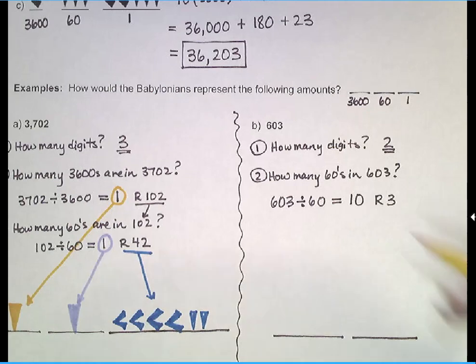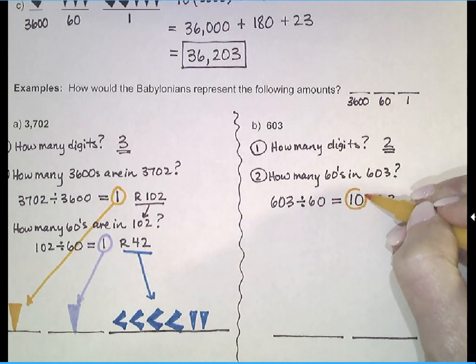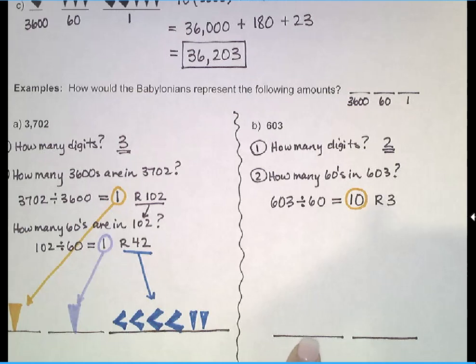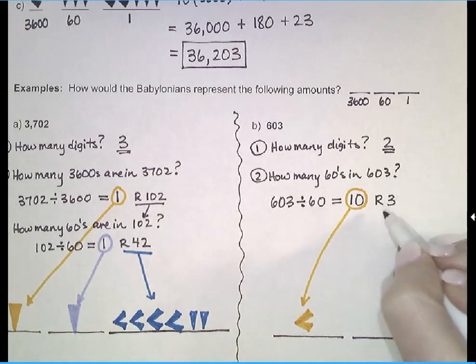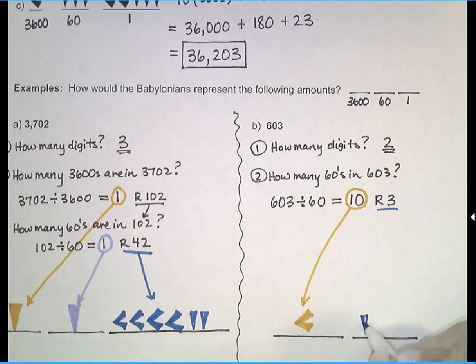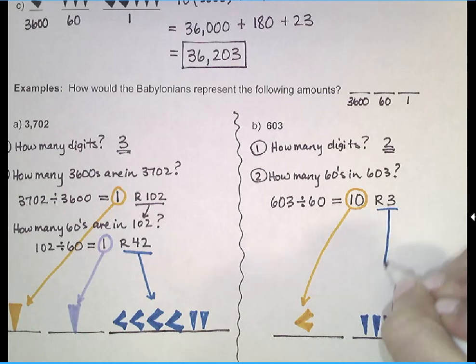So the 10, that's how many 60s. That's how many go in this first place value. So the way you draw 10 is just that little C-shaped guy. And then your remainder is 3. This one actually is much, much simpler than the last one.